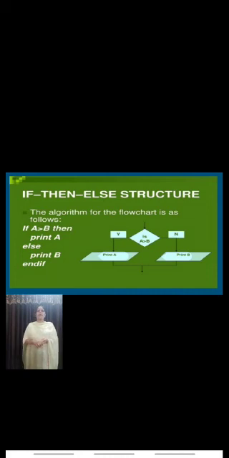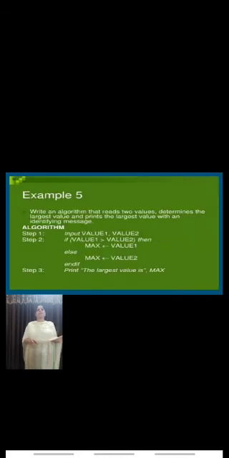Now the next algorithm is that reads two values, determine the largest value and print the largest value. Now in this, we take two values, or you can say that numbers, that is value 1 and value 2. After that, we apply the condition.